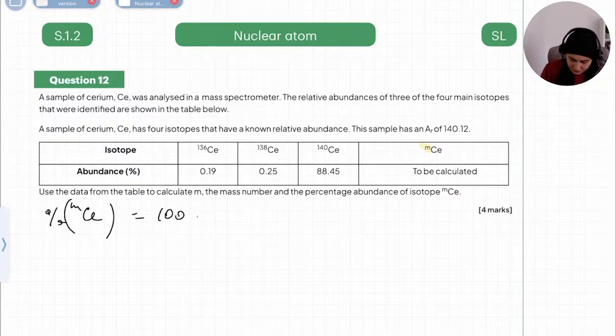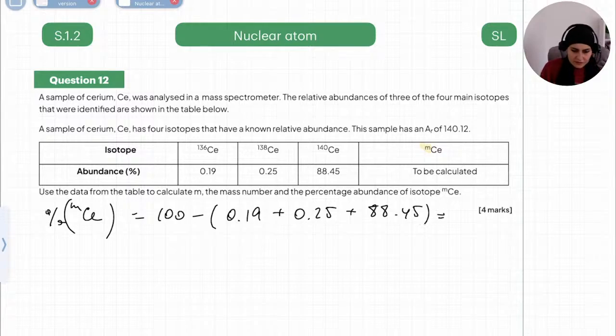So 100 minus 0.19 plus 0.25 plus 88.45. Right, let's see what that is. So 100 minus 0.19 minus 0.25 minus 88.45. That's 11.11%.